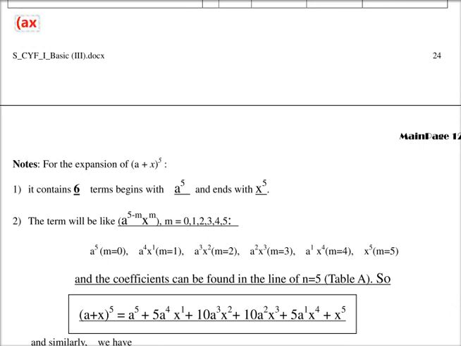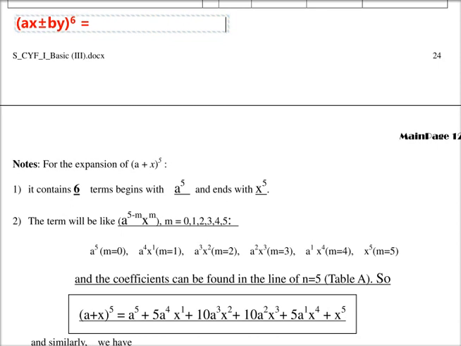For example, (ax plus or minus by) all together to the power of something like 6. I'll give you the structure. This is the general structure. If you can finish this, you can finish all the others.